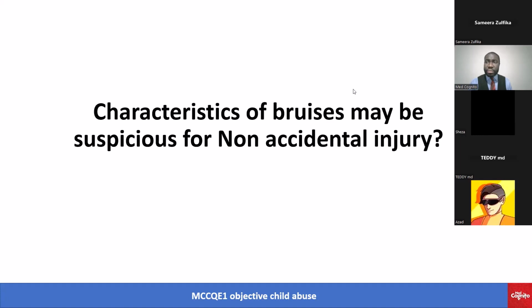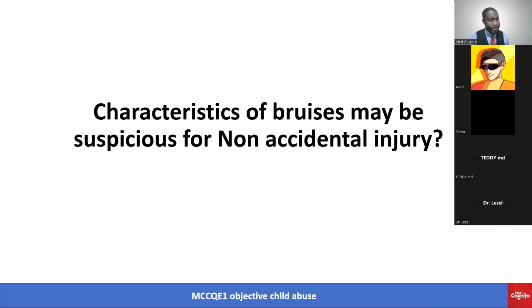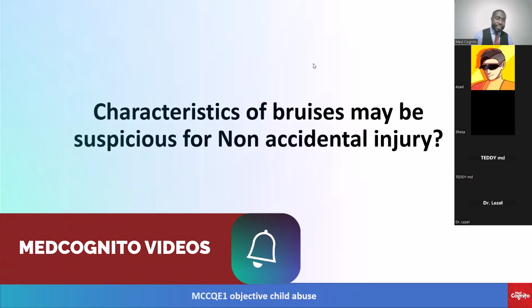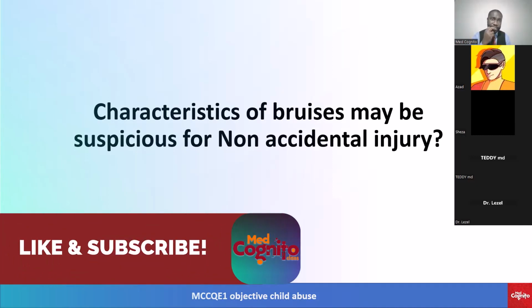We learned child abuse, we learned child neglect, we learned risk factors for child abuse, and we learned the history and physical examination, how we figure out on physical examination that there are going to be fractures and bruises.